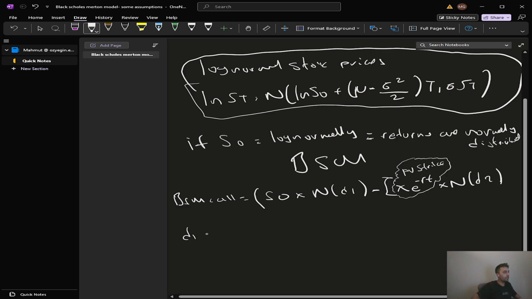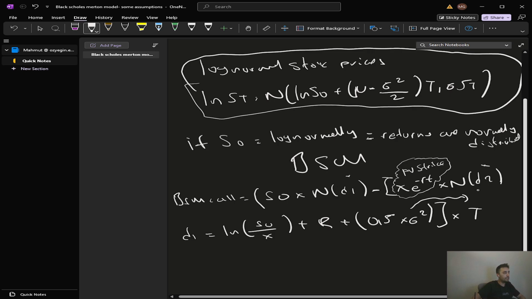Another one: d1 and d2 are the intermediate formulas, which give probabilities from the cumulative normal distribution, and we will use them here. d1 is the ln of spot over strike, plus the risk-free rate plus 0.5 times sigma squared, times t, over sigma times the square root of t.